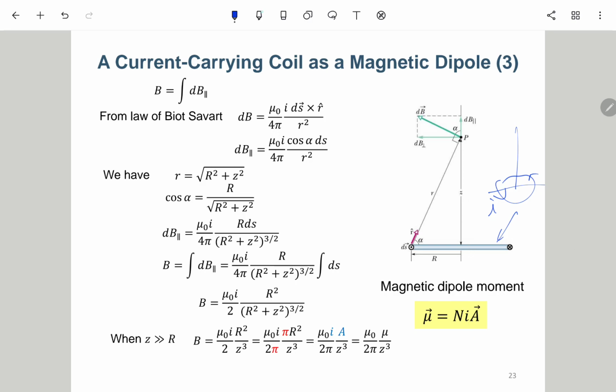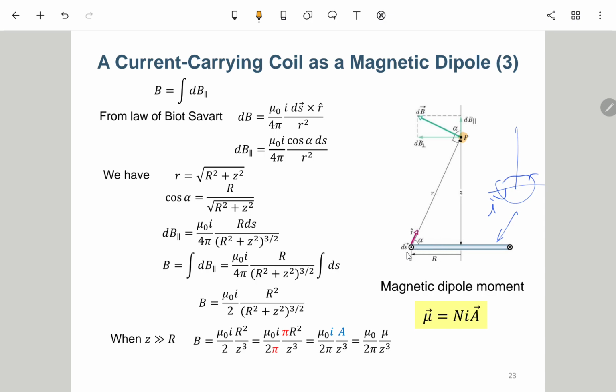And for instance, we want to find the B field at this point P. As usual, we would like to separate this circle into many small segments, find the dB, the B field generated by each segment, and then add them together using an integration.